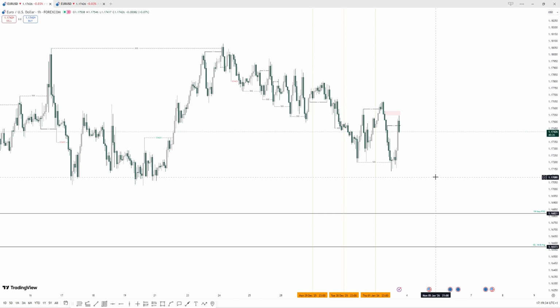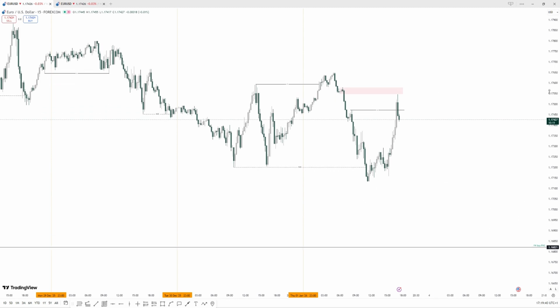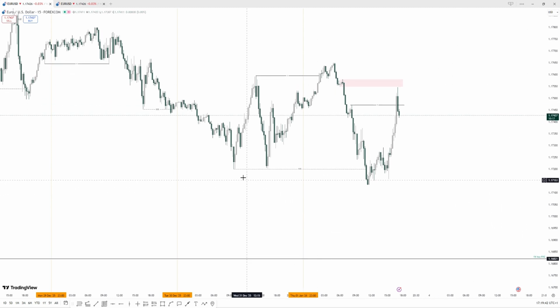So moving down to 15 minutes, you see it's actually a break of structure, right? You see, this is a break of structure. Look at this low here. It's still internal to this one because it didn't break nor sweep this low here.